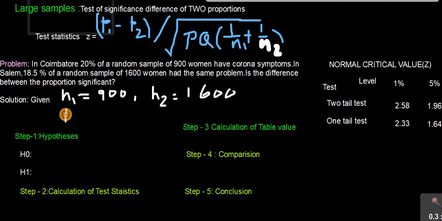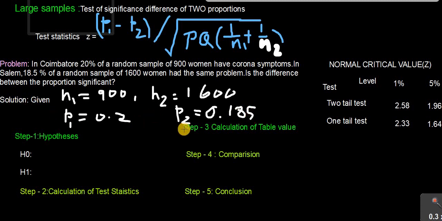P1 is 20%, and I can write 20% as 0.2. And for the Salem proportion of corona affected people, 18.5%, I can write 0.185.